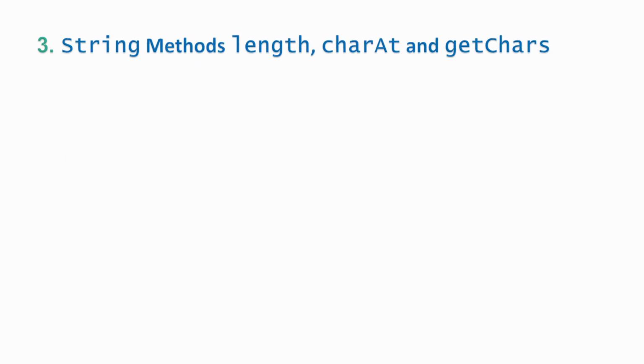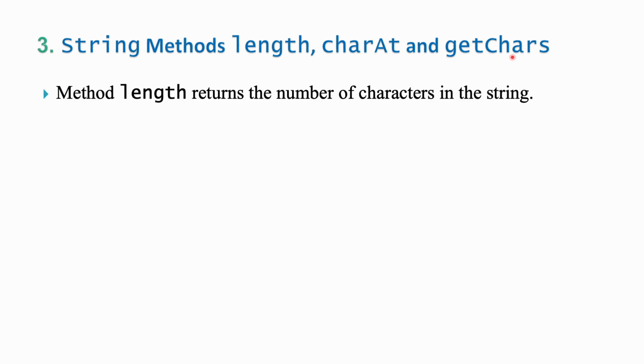Class String provides many more methods to process strings. In this lecture, we will learn 3 basic methods, namely length, charAt, and getChars of the class String. Method length returns the number of characters in the string.